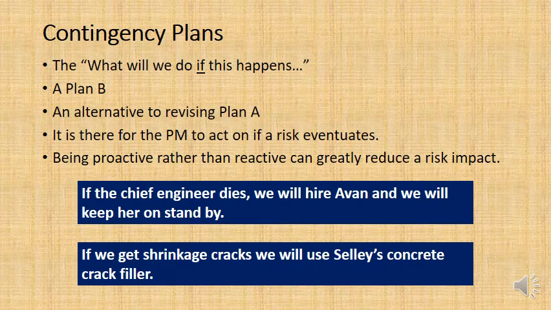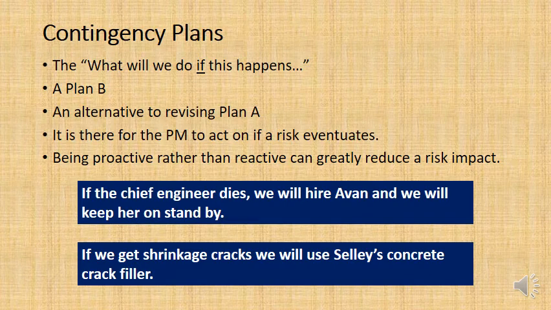That means we will pay a little bit of money to Yvonne so that if we need her, she has to come and work for us. She can't say, sorry, I'm busy with other projects. That's what standby means. And so that reduces the risk of the chief engineer dying. It doesn't reduce the probability, but the impact is reduced.